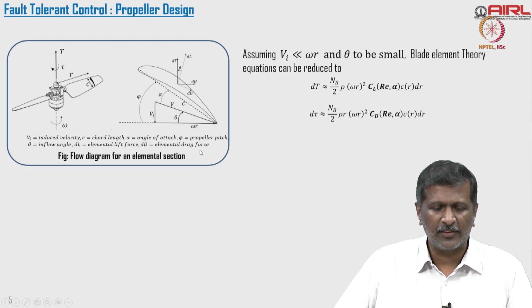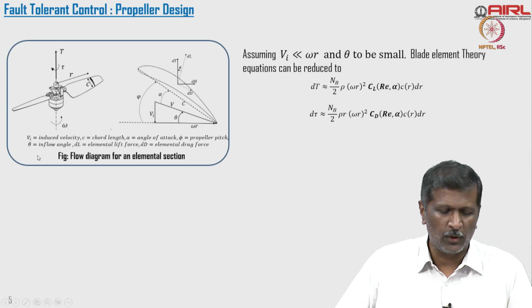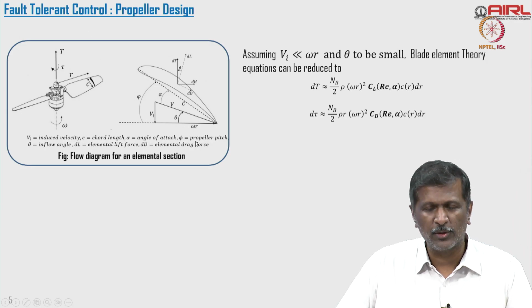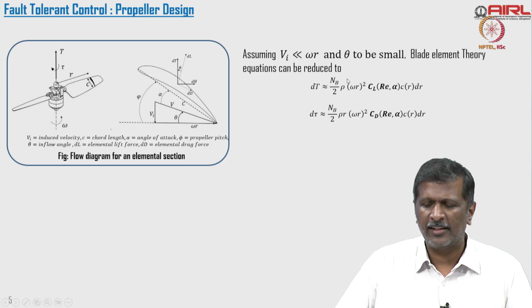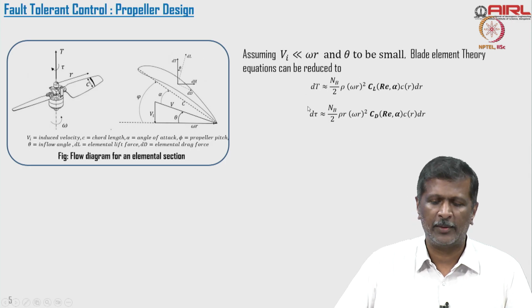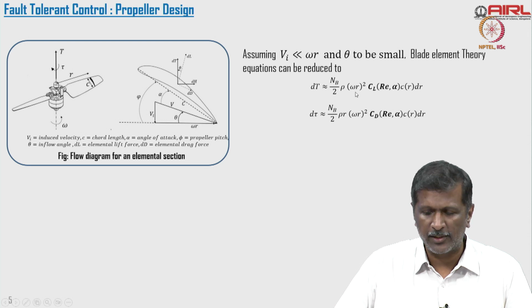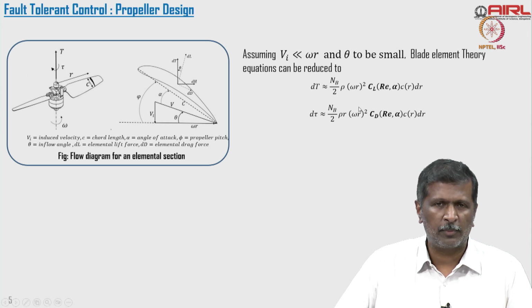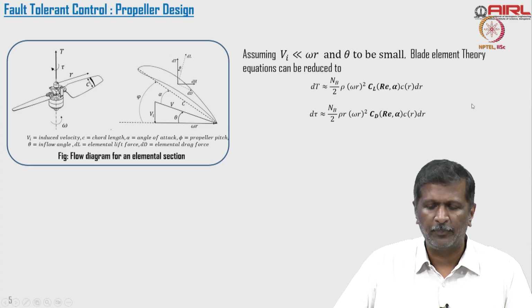So we again go with the blade element theory, trying to understand how the thrust and torque are produced. You can approximate this, and we talked about it in the first lecture. The thrust produced is proportional to the speed square, and torque is also proportional to the RPM square, right? And then the CL and CD of the wing come into the picture, right?